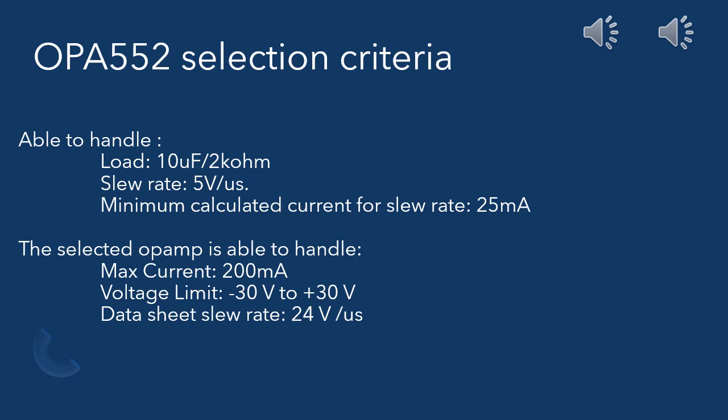We calculated the maximum current for the slew rate, which was 25 milliamps. The selected op-amp is able to handle 200 milliamps and has a range of negative 30 volts to 30 volts. Based on the datasheet, the slew rate of the op-amp is 24 volts per microsecond.